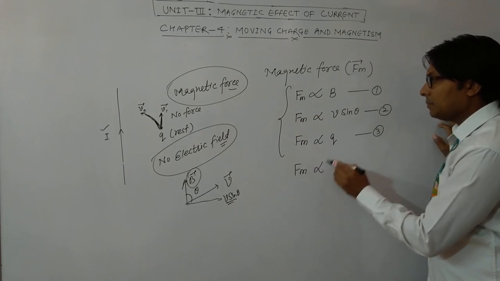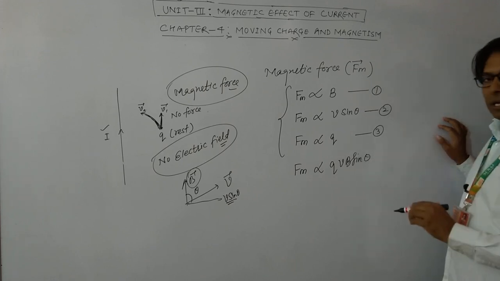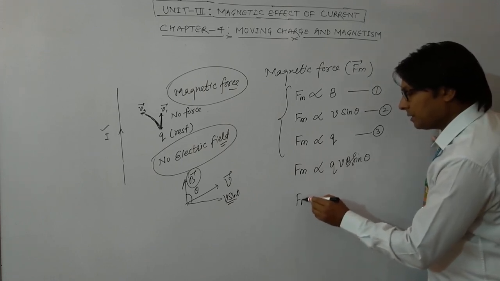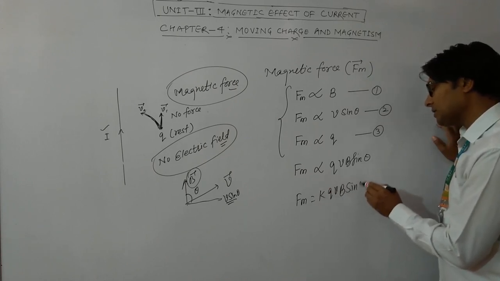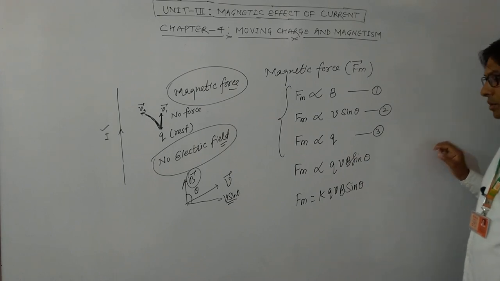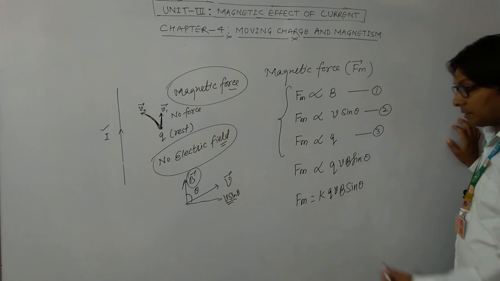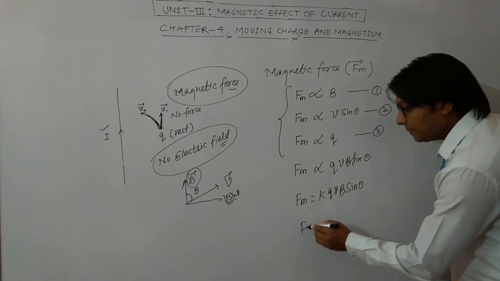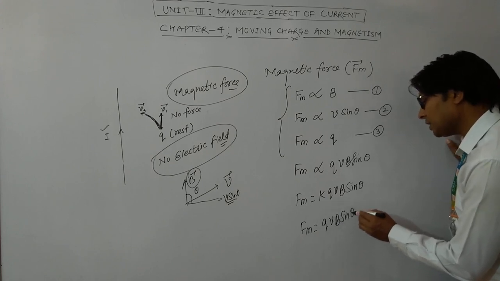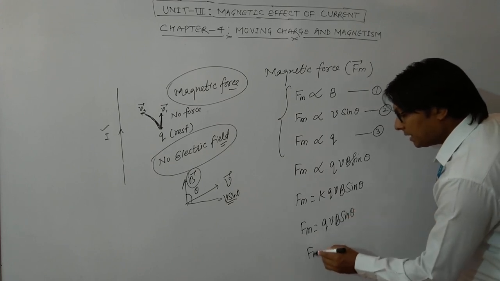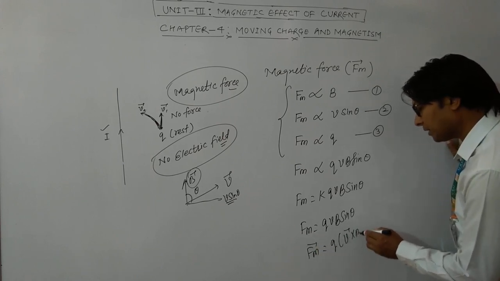Fm is directly proportional to QVB sin theta, and if I put Fm equals K times QVB sin theta, where K is the constant of proportionality whose value is 1 when we are solving this in the MKS system. So Fm equals QVB sin theta, which can also be written as Fm vector equals Q V cross B vector.